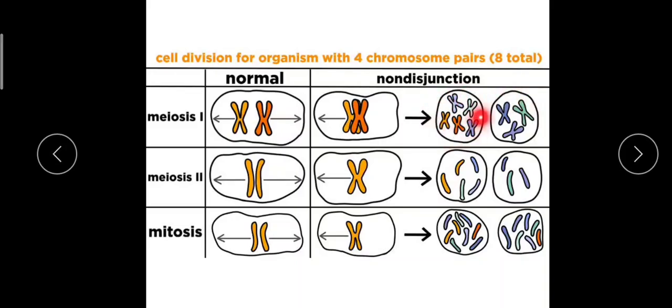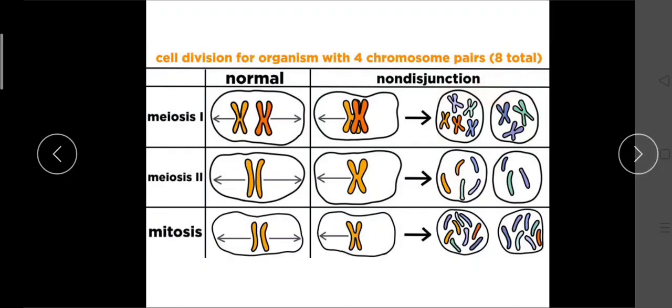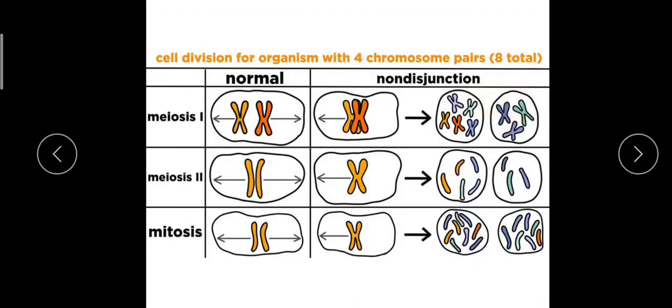Here the total chromosome number is 4, but here it is 3 only because an additional member is present here. Here one member is missing, right? So if non-disjunction occurs in meiosis 1, the separation of homologous chromosomes does not take place and both the homologous chromosomes will move to one daughter cell and the other daughter cell will have a missing chromosome.